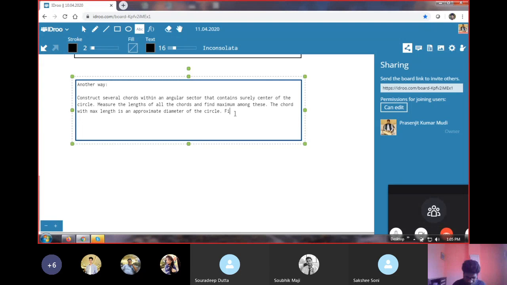Okay, so find the radius from that diameter, let it be r dash.